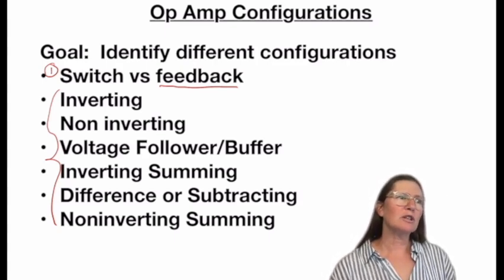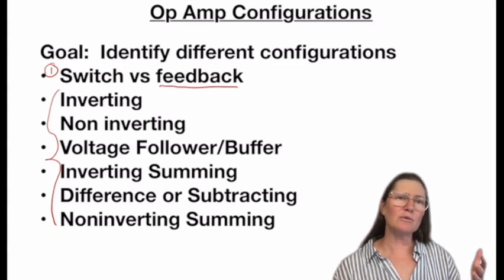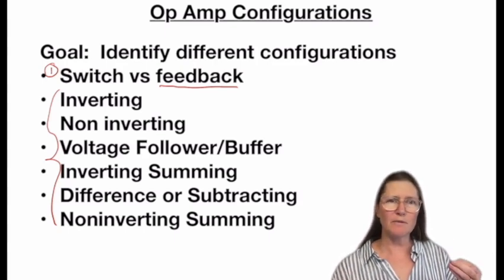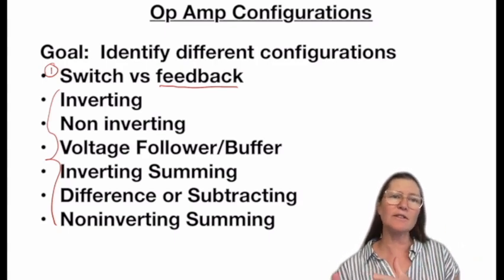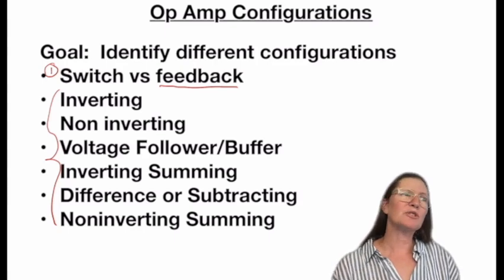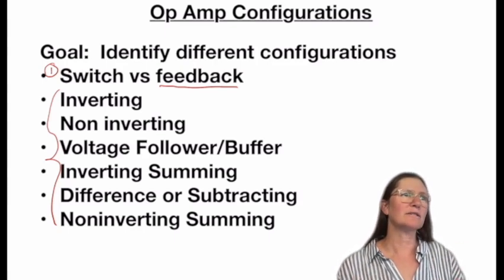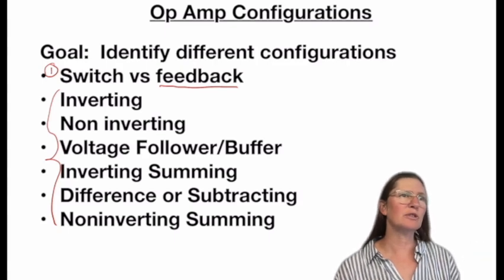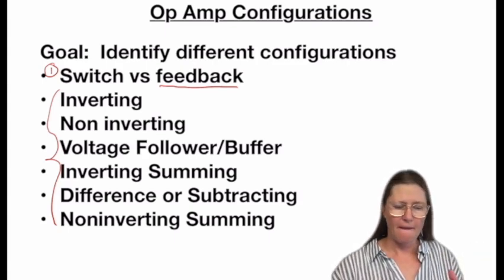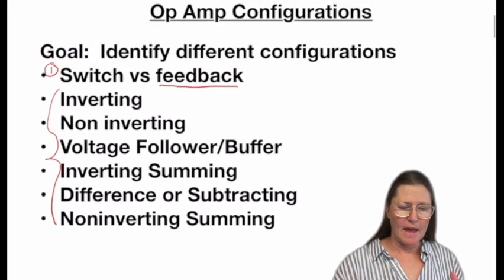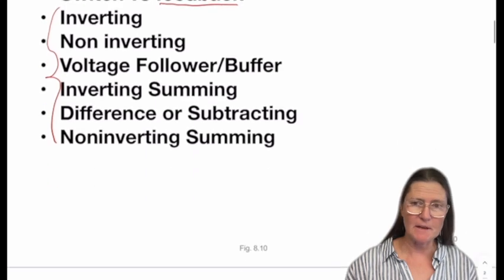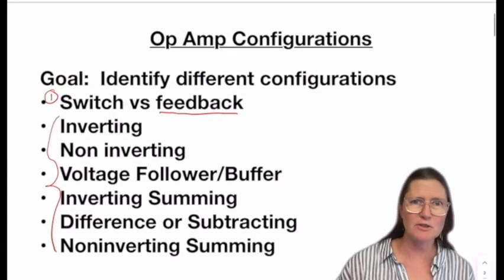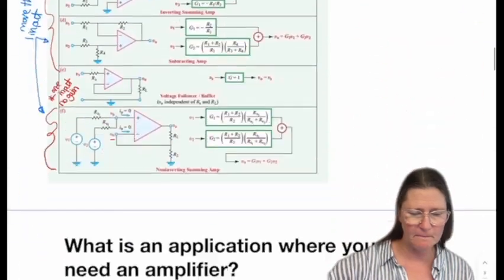Today we're going to talk about the next level: once we know what kind of amplifier we have, switch or feedback, and if it is feedback, can we start to design these, and how do we design for them? When do we want to use a voltage buffer? And the new one we're going to talk about is an instrumentation amplifier, which is going to be common to you guys.